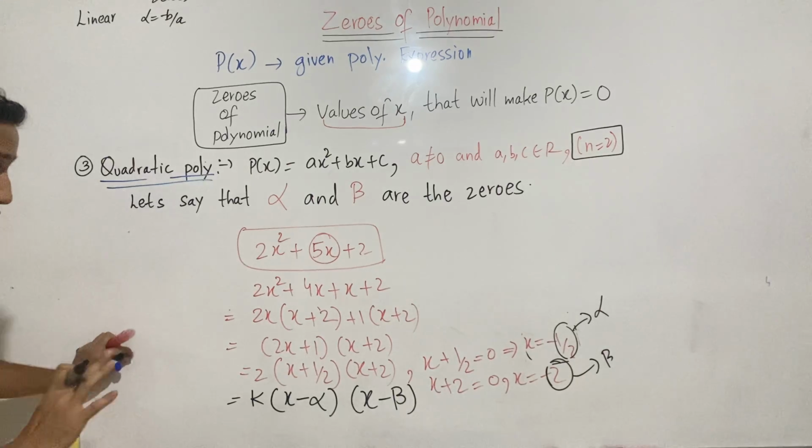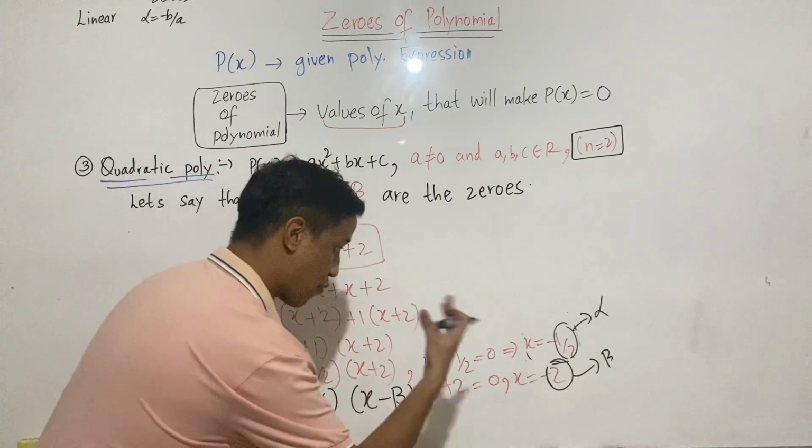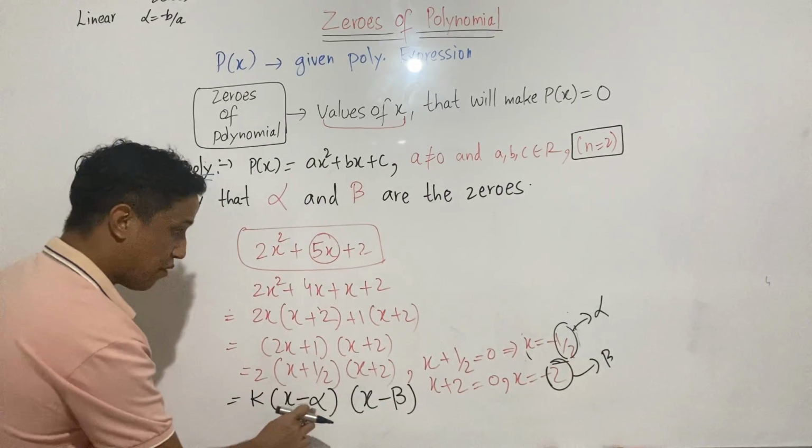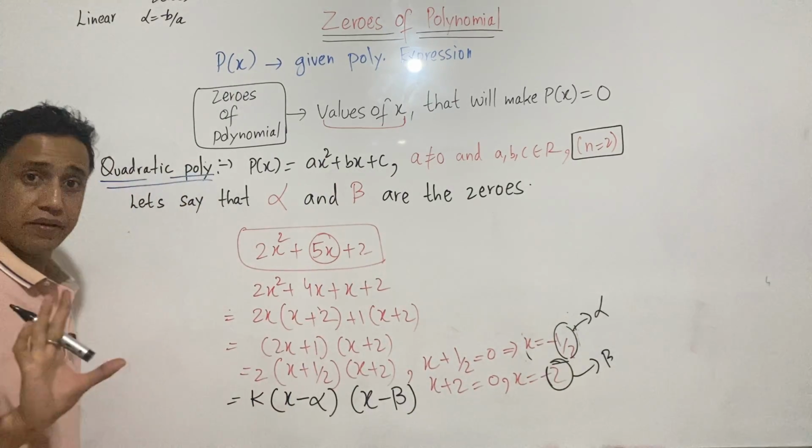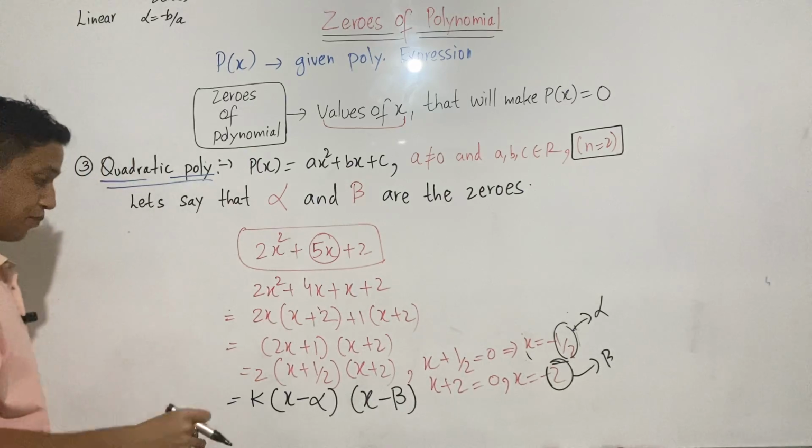I hope you agree with me. Okay, I can write, see here, the value of alpha is minus 1 by 2, so minus minus plus, so it's the same thing, right?